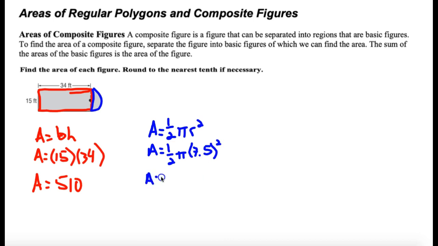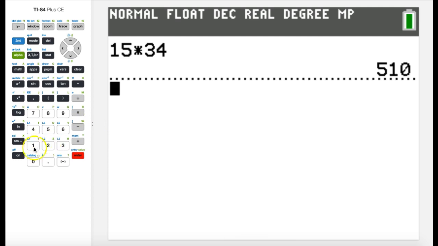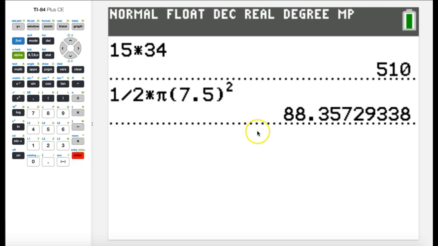So the area is going to be 1/2 times pi times 7.5 squared. If we round to the nearest tenth, that would be 88.4.